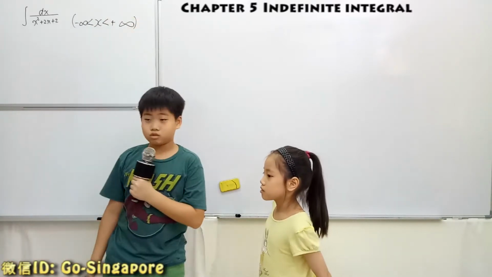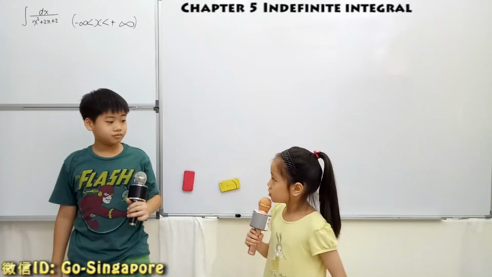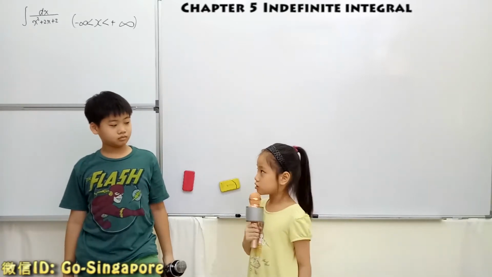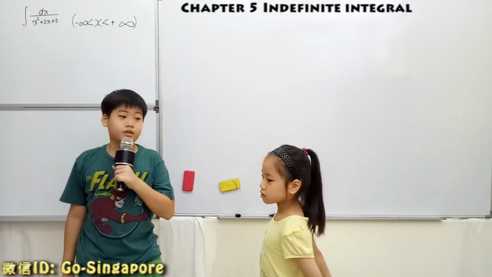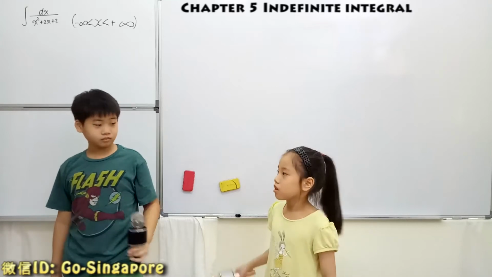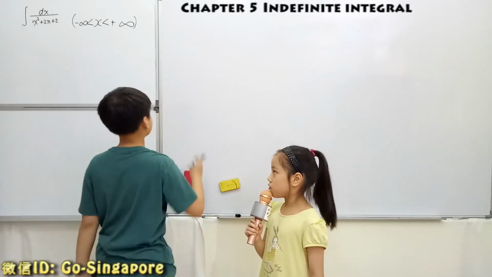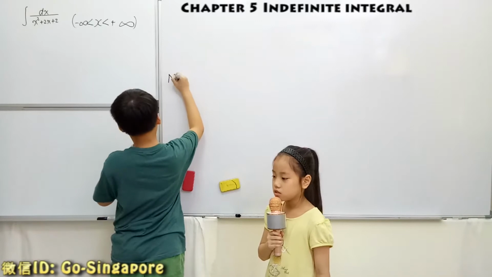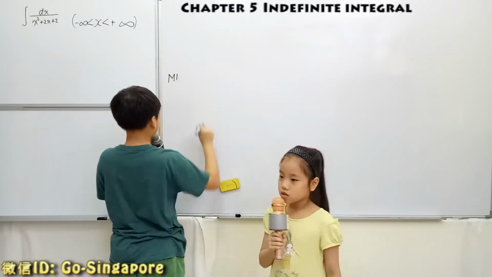So for this, what is the denominator? The denominator is quadratic. Yes. And how many methods do we have for this? We have 4 methods. Okay, starting from method 1.